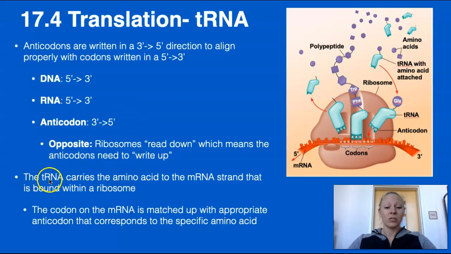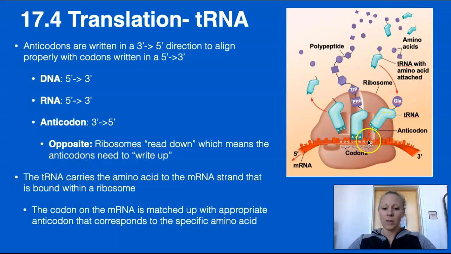The tRNA is going to carry the amino acid to the mRNA strand that is bound to the ribosome. So here is our ribosome. Here is our mRNA, or messenger RNA strand. And you can see our little tRNAs, and they are in the cytosol, grabbing onto amino acids and bringing them to the mRNA strand.